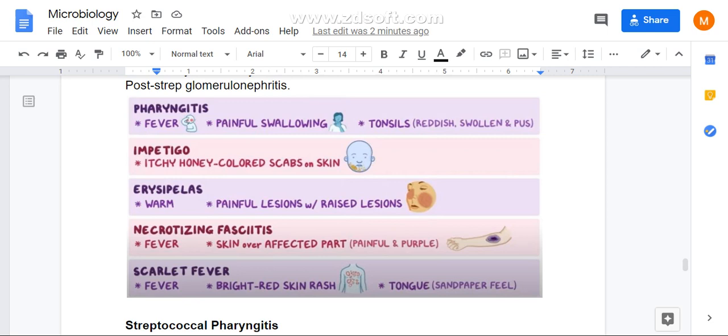Also can cause necrotizing fasciitis, which presents with fever and dead skin in a small localized area on the skin. Also scarlet fever, which obviously causes fever. It presents with a bright red skin rash, and the tongue will feel like sandpaper.